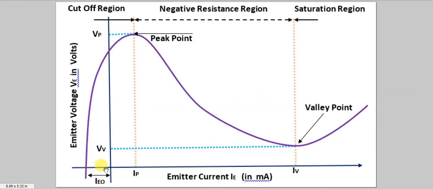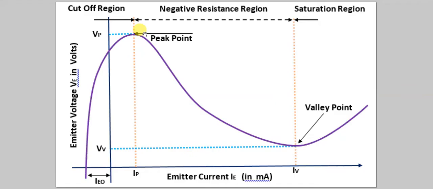The current is very small and the transistor is in the off state. But as the voltage increases and reaches the peak value, the diode is forward biased and the current starts increasing. When it reaches the peak value, the N channel has a breakdown.